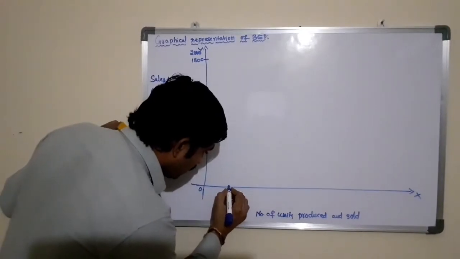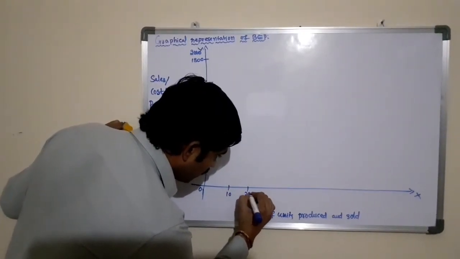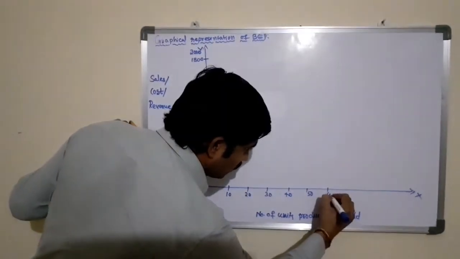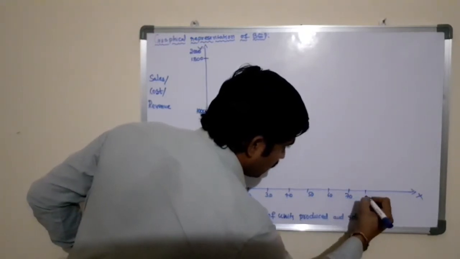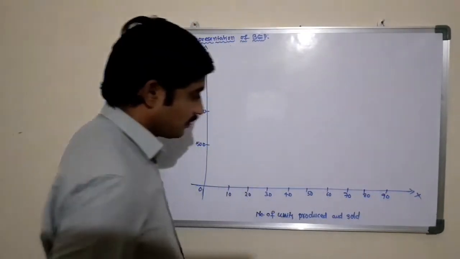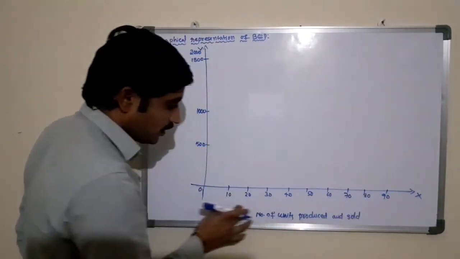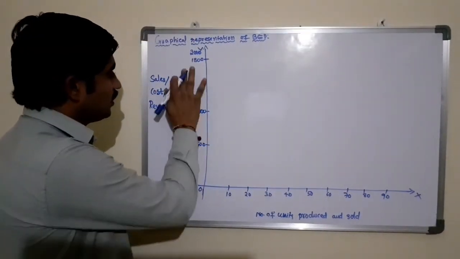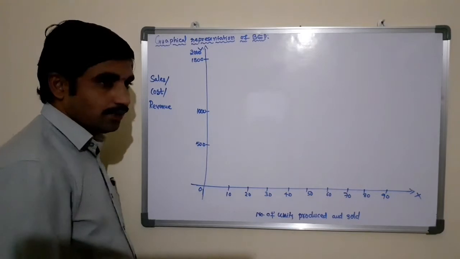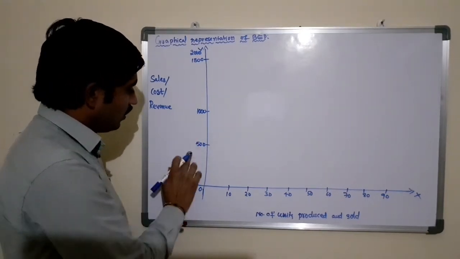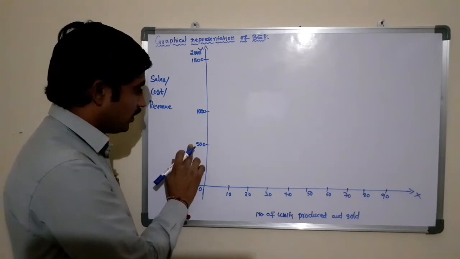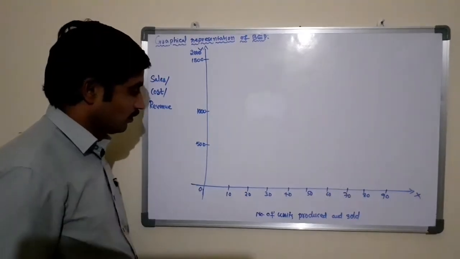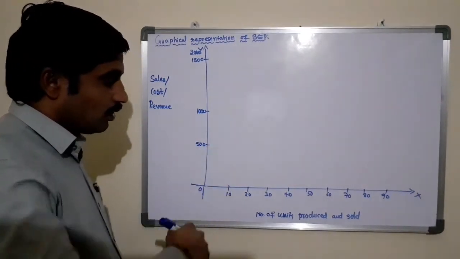Similarly, here you can take 10 units, 20 units, 30 units, 40 units, 50 units, 60 units, 70 units, 80 units, and 90 units. So this is the axis which reveals the number of units produced and sold in the market, and this is an axis which reveals the total revenue. Just approximately we have taken the numerical values, that is 500 fixed cost, 1000 break-even point, and 1800 is the total revenue. Now let us draw the lines.